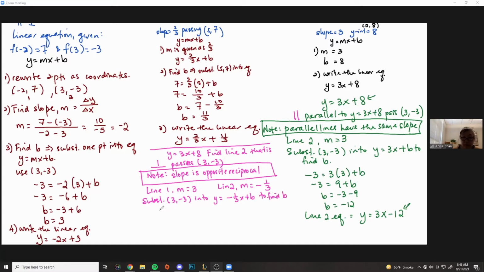Okay, so again, -3 equals -1/3 times 3 plus b. -3 equals -1 plus b. b equals -3 plus 1. b equals -2. So therefore your perpendicular line, line 2, is y equals -1/3 x minus 2.